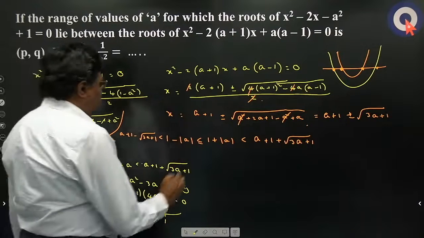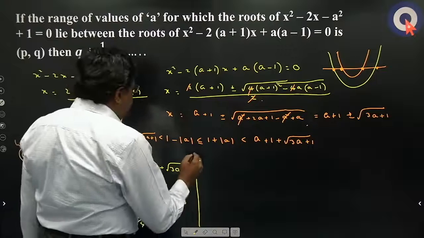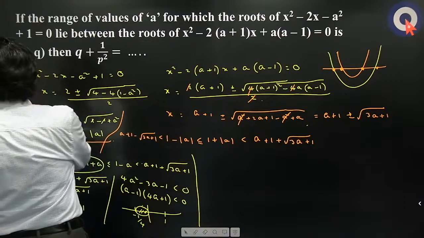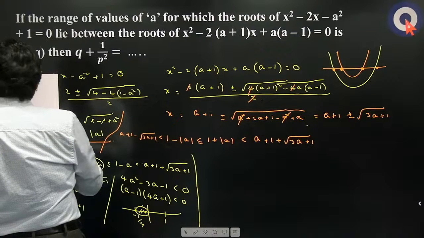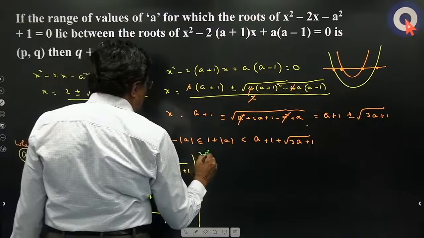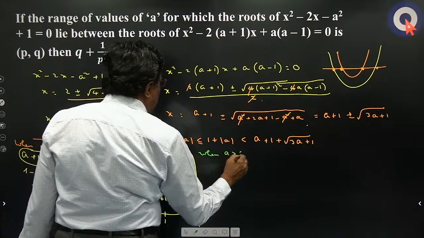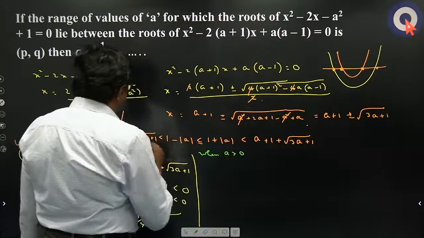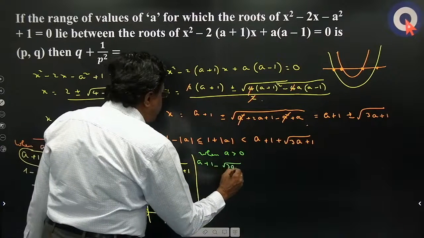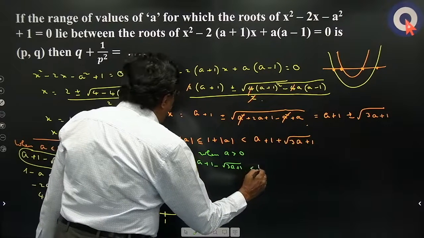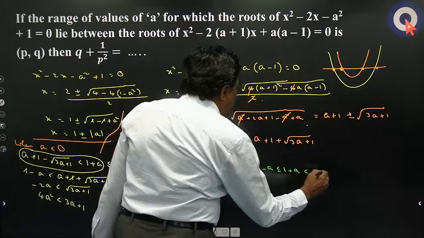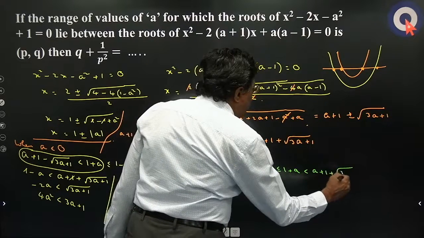Now, next, when a is greater than 0, we have the inequality a plus 1 minus root of 3a plus 1 is less than 1 minus a less than or equal to 1 plus a less than a plus 1 plus root of 3a plus 1.